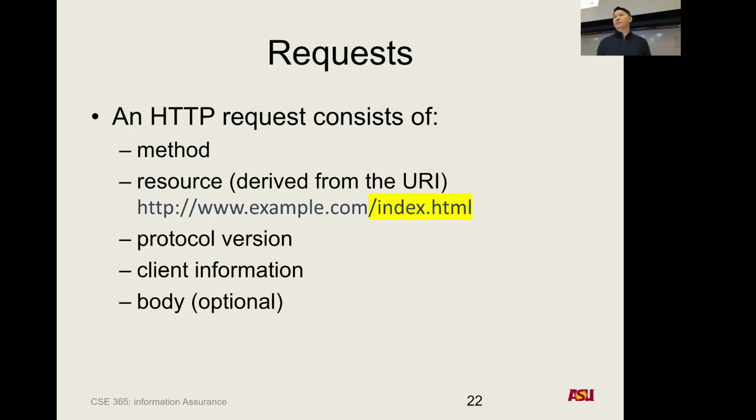So we have to specify the version of the protocol. And the client information, like the version of the web browser, character sets, and timestamp information. The body is the actual data of the web page.